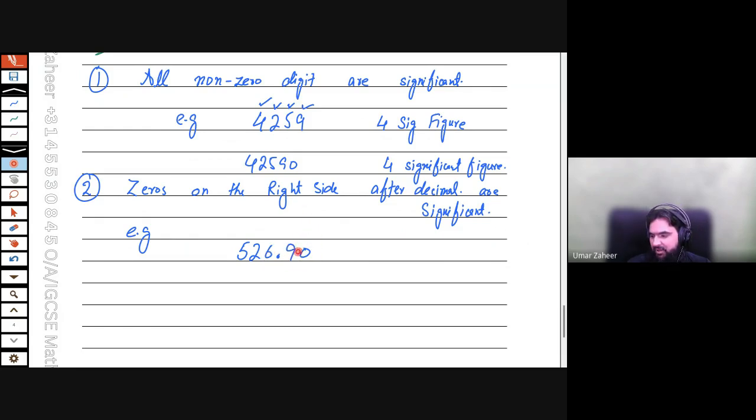And 0 is on the right side after the decimal, so it is also significant according to rule 2. So we have 5 significant figures: 1, 2, 3, 4, 5. The zeros on the right side after the decimal are significant. In the earlier example we don't have any decimal, so that zero is not significant.